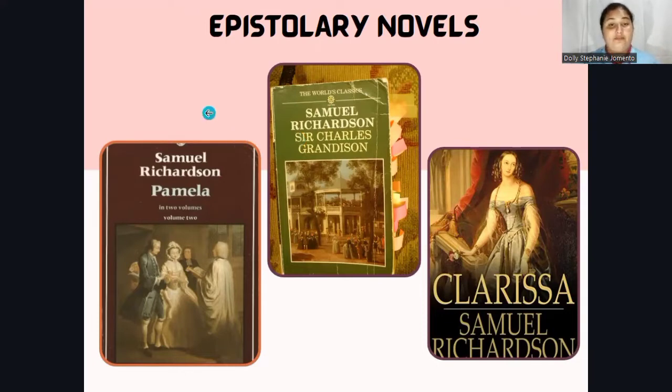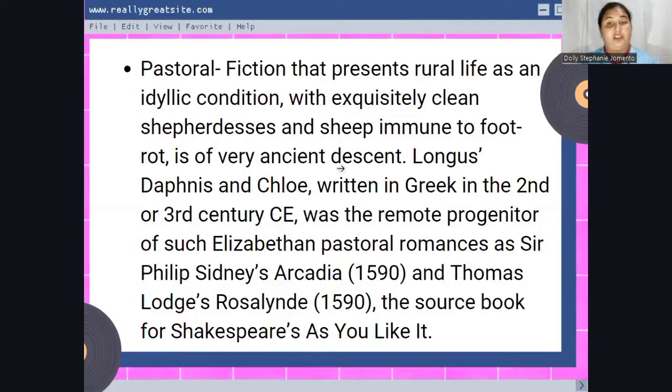Next, we have pastoral fiction. It is a pastoral novel. So this is fiction that presents rural life as an idyllic condition, with exquisitely clean shepherdesses and sheep immune to foot rot. It is of very ancient descent.